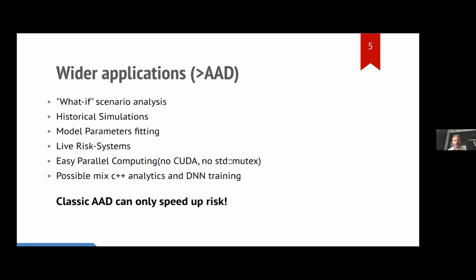So people don't really do training with classical operator overloading AAD in C++, and the reason for this is because it's slow. People tend to go to Python and TensorFlow to do training there. And we want to show that our solution is actually capable to compete, and in many cases delivers a much faster training performance than tools available in Python.